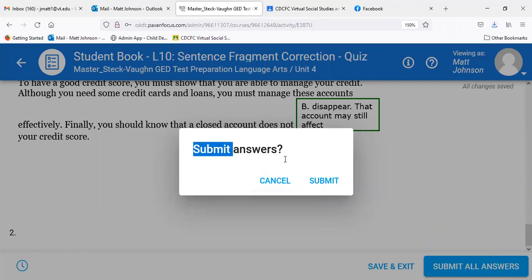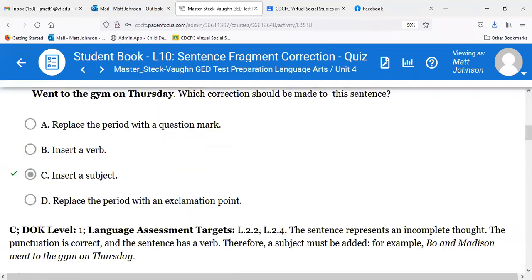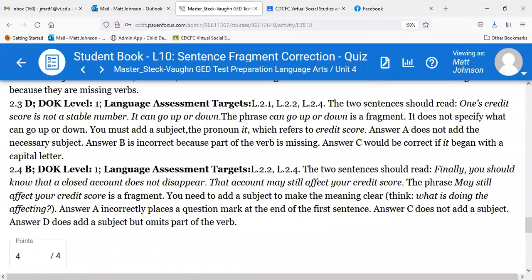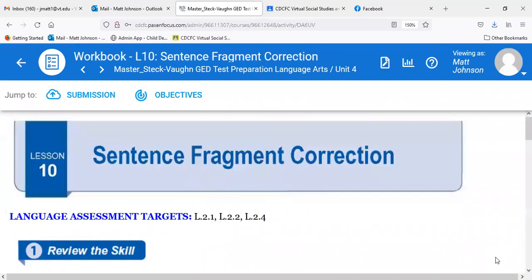Oh. Hmm. Let's see here. Mine went straight to commas and lesson 11. I'm going to see if I can... Oh, go back. So you don't have the workbook part? No, I do not. And it went straight to lesson 11. Oh, okay. But I can read from your page.